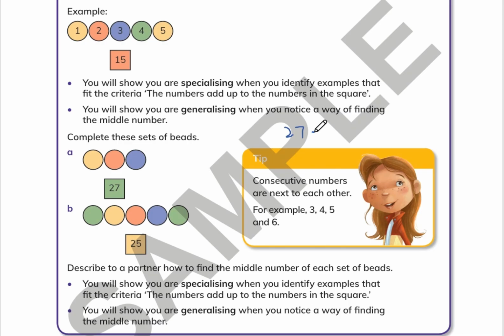So 27 divided by 3, the answer will be 9. You will put this 9 in the middle. Now you will add the next number, 10, and here it will be 8. Now you can see adding 8 plus 9 plus 10, your answer will be 27.